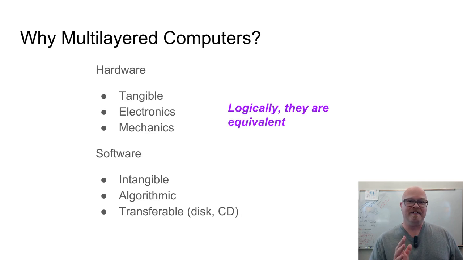Now, that has obvious benefits. So if we're developing software for a company and we want to deploy it to all the systems, it's not about manufacturing a bunch of physical devices that have the information that we can then put into everyone's computers. We can just distribute the software electronically, intangibly.